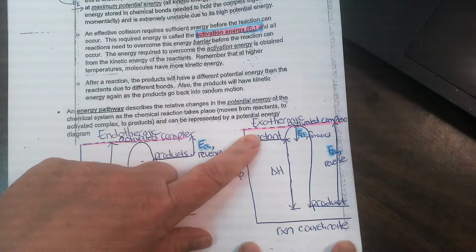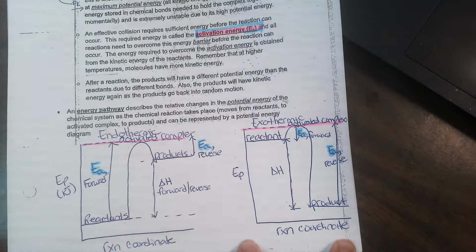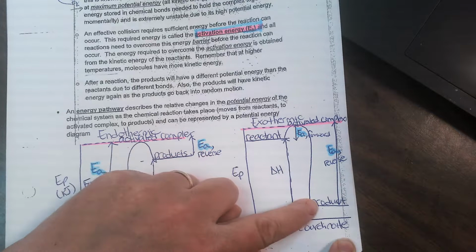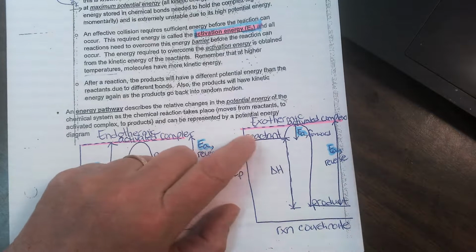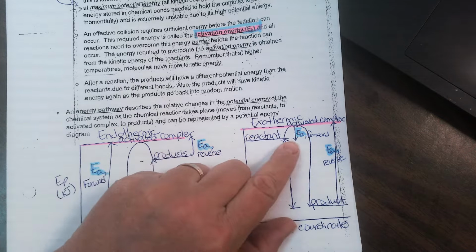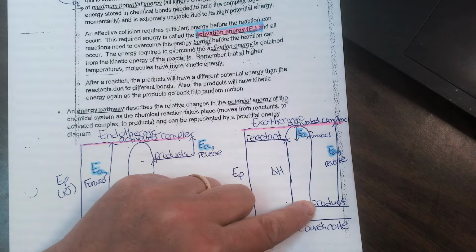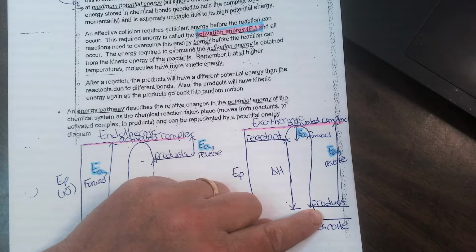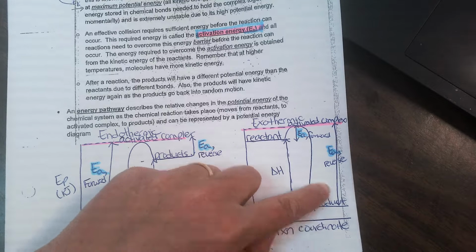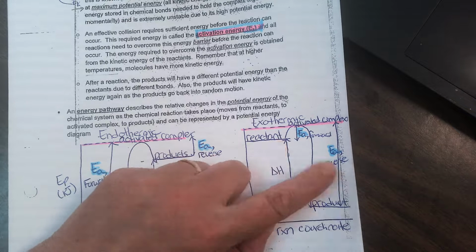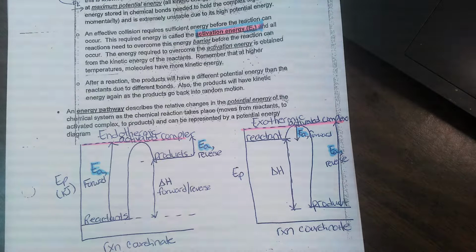If I looked at an exothermic potential energy diagram, the reactants are more than happy to change into the products. It's going to take a little bit of energy to encourage them to react and create a product. And these products are quite happy to exist as products, so it would take an incredible amount of energy to change them back into reactants in the reverse reaction. Okay?